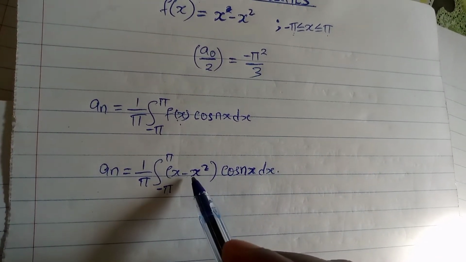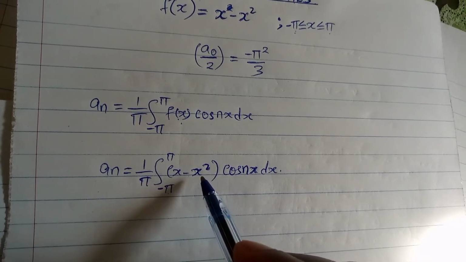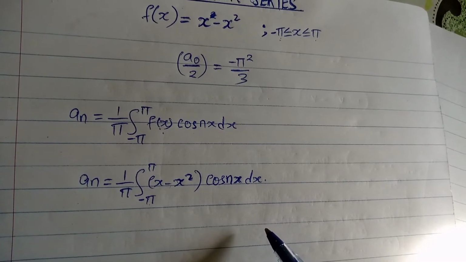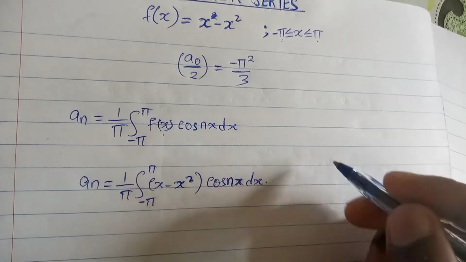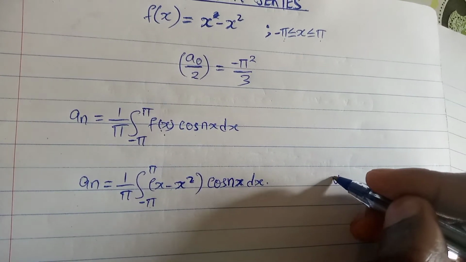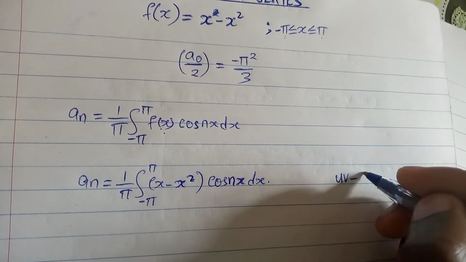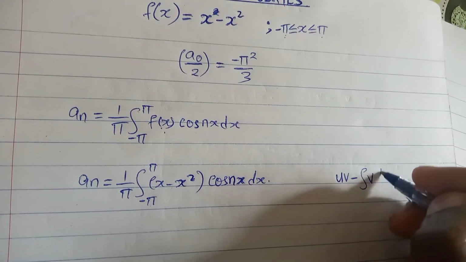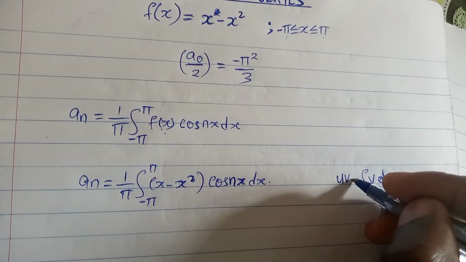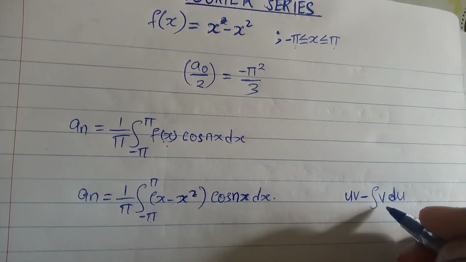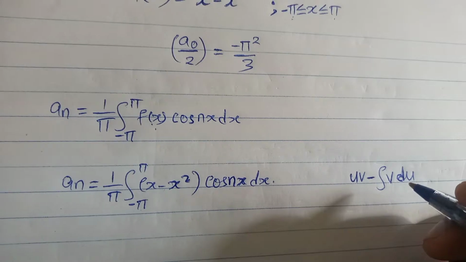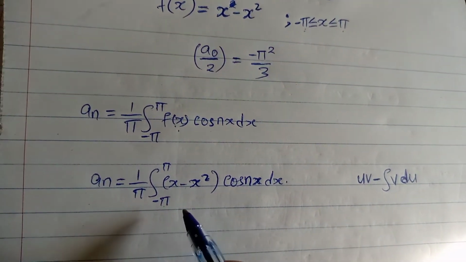This tells you that we are going to use the method called integration by parts, where we apply uv minus the integral of v du.